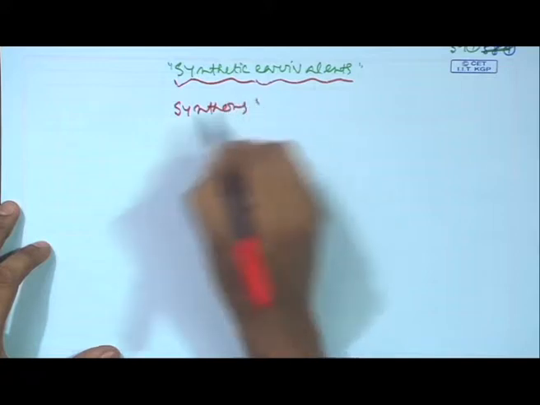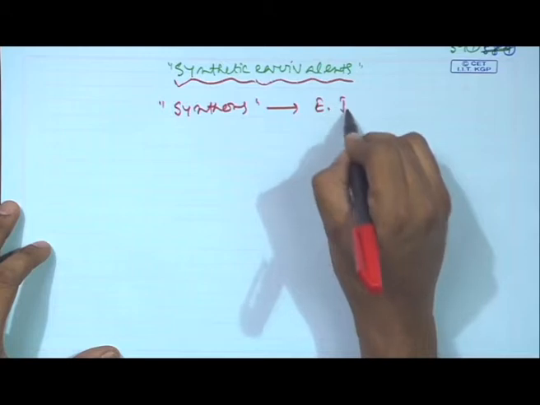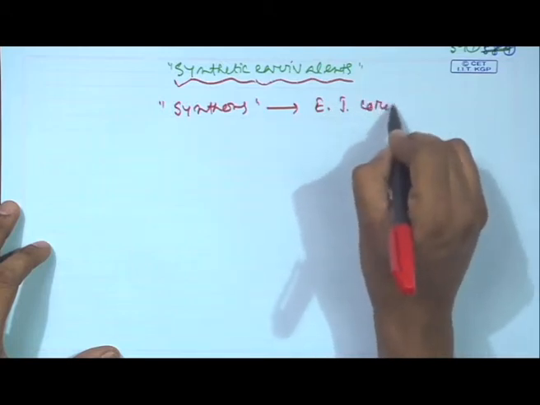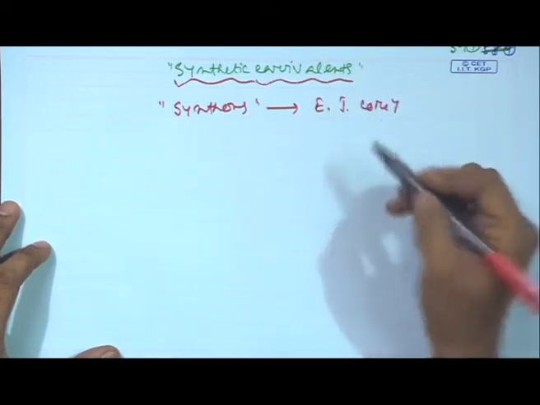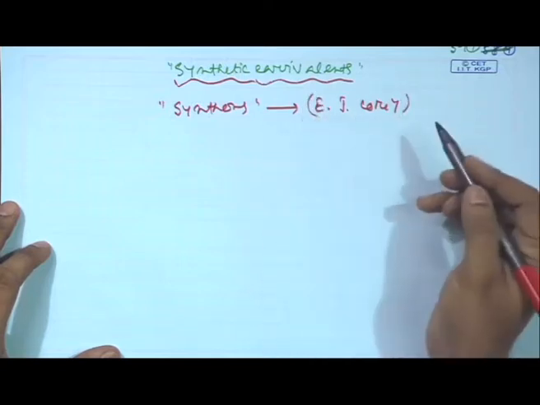Now, the term synthon was first invented by Professor E. J. Corey, who is also the fellow who first coined the term retrosynthesis.